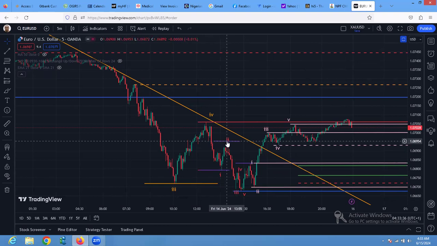Anybody could have seen that, okay, if this was a wave 3, maybe it came down like that to 1, 2, 3, 4, 5 of a 3, and you are seeing this as a wave 4 and a wave 5.